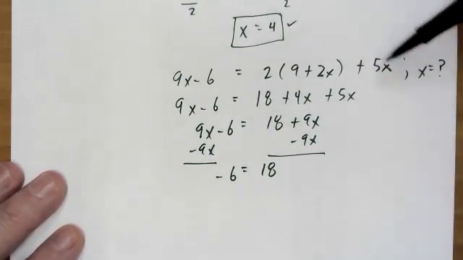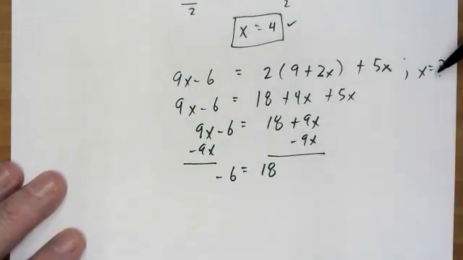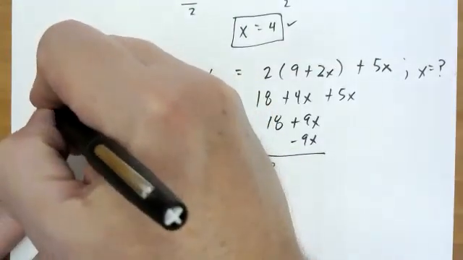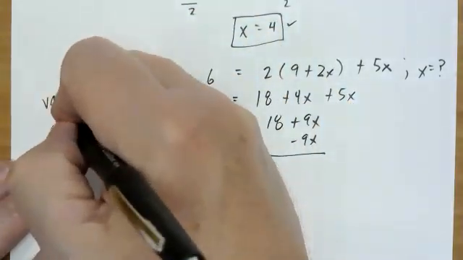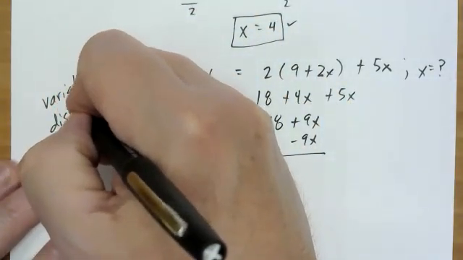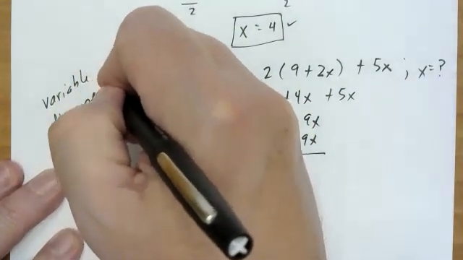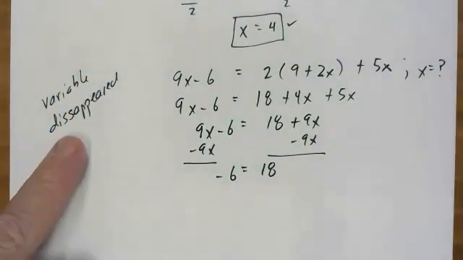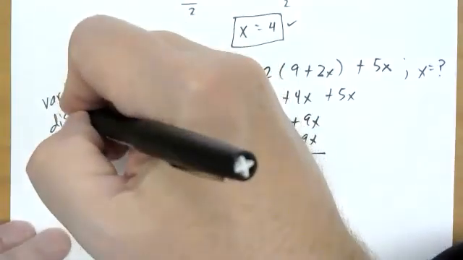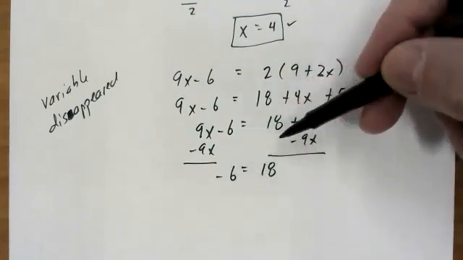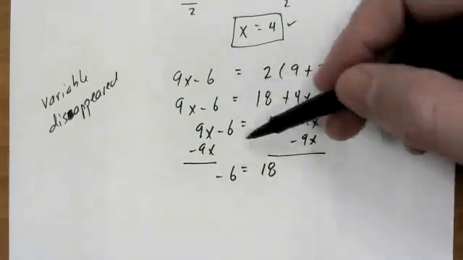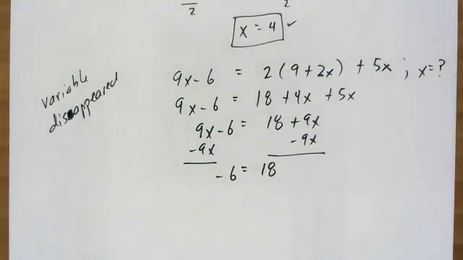So as you're following the steps to try and solve for x, all of a sudden, the variable disappeared. So I'm trying to solve for x, and I follow the rules that I'm supposed to in math and algebra, and I don't have any variables. So sometimes this happens.